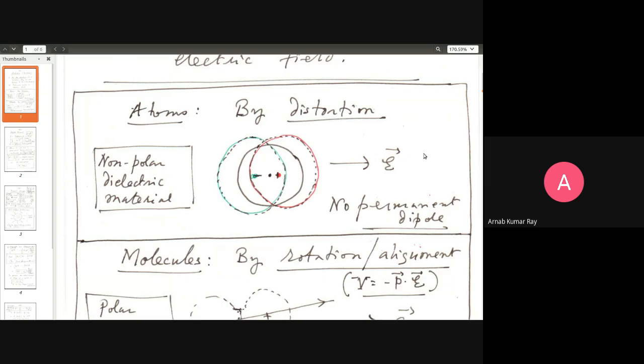Now, I have told you earlier the feature of an electric field. Don't forget something: the effect of an electric field is that if it encounters any charges along its path, it will sweep the positive charges forward.